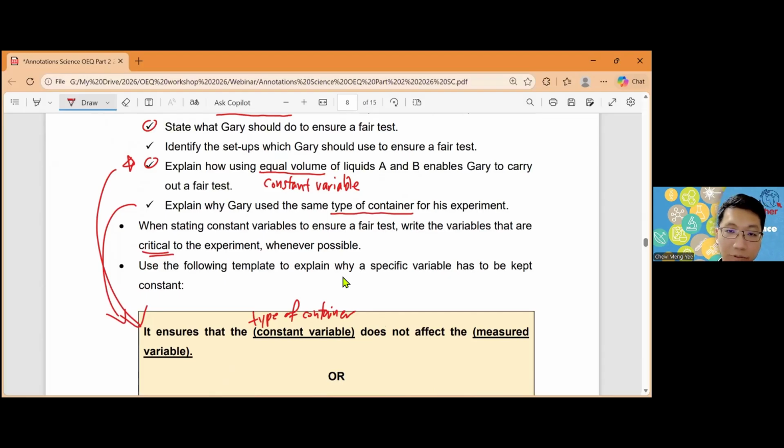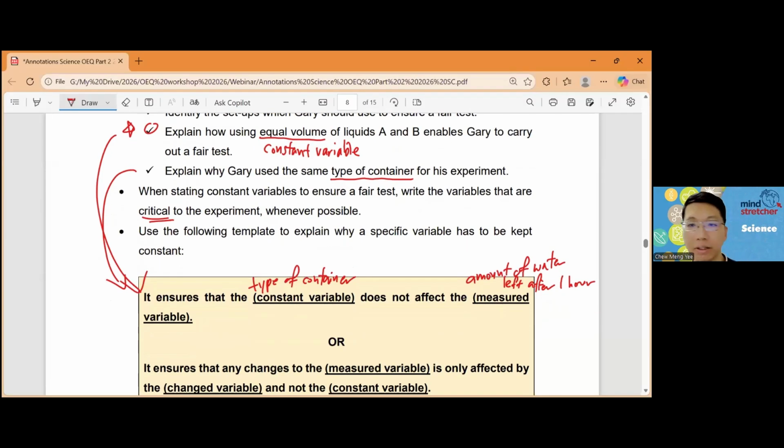So does not affect, let's say for example, the amount of water left after 1 hour. Okay, let's say for example, rate of evaporation.